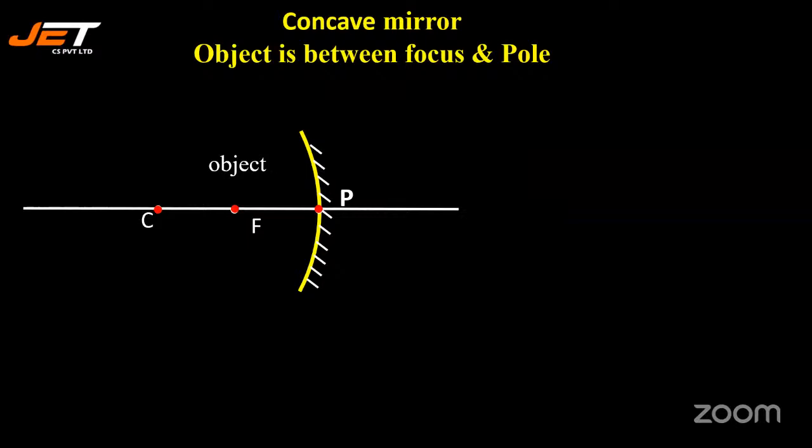Now look at this. I am keeping the object between the focus and the pole now. The object is between the focus and the pole.